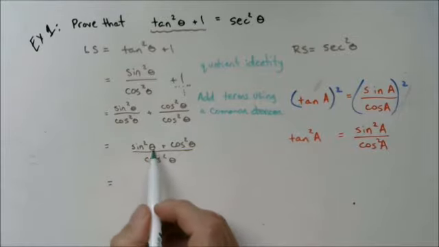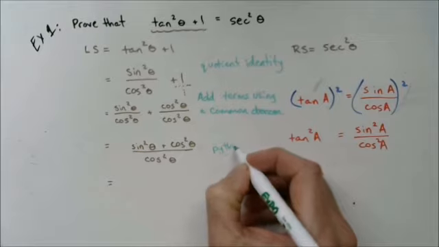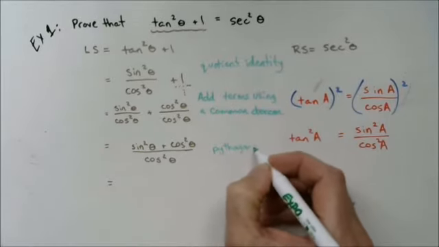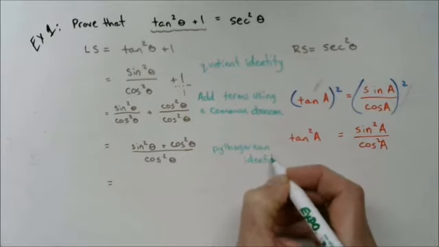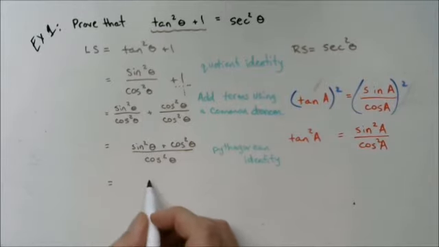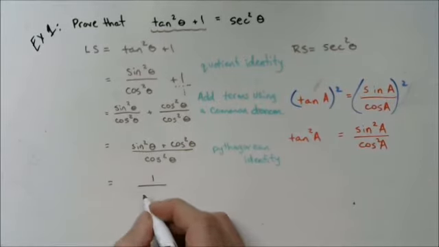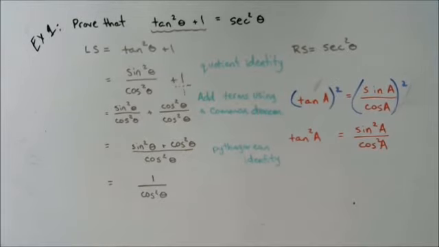Well, sine squared plus cosine squared, according to my Pythagorean identity, is simply 1. So my numerator reduces to 1, and my denominator stays cos squared of theta.